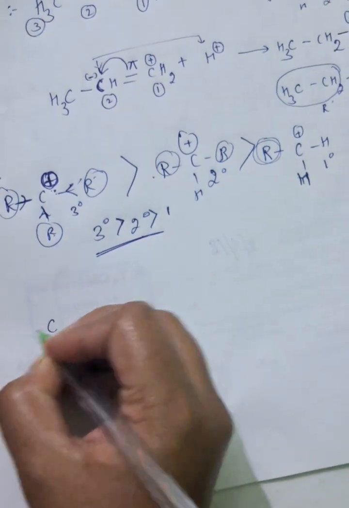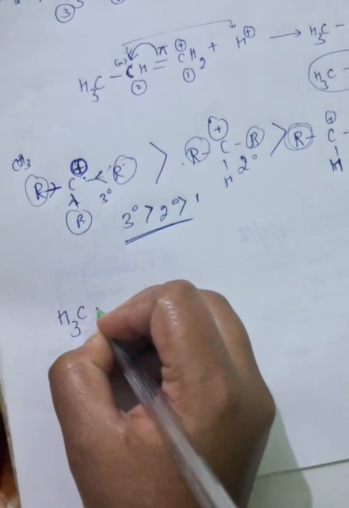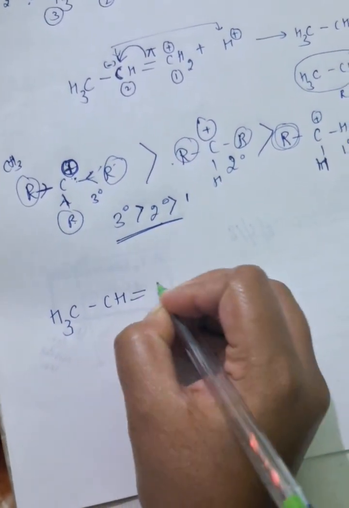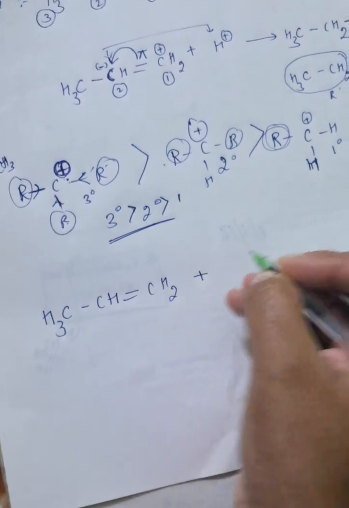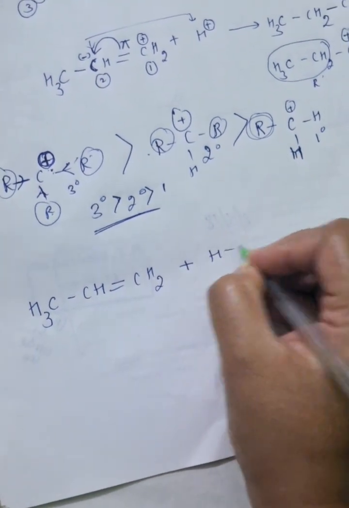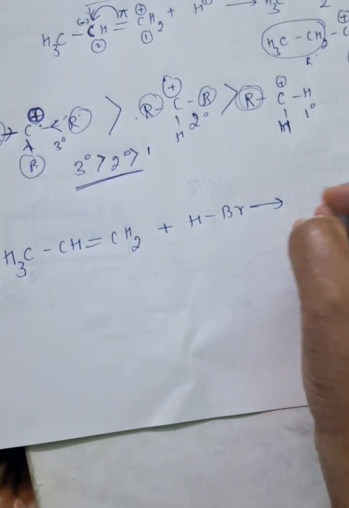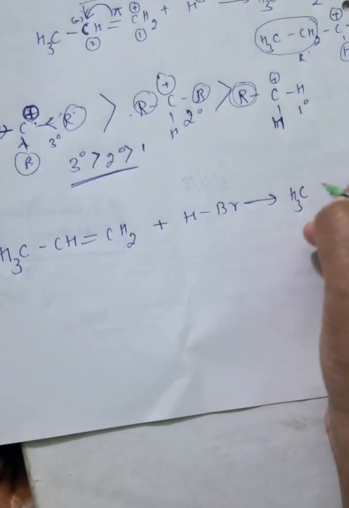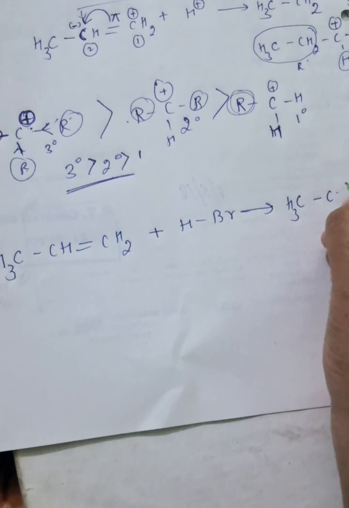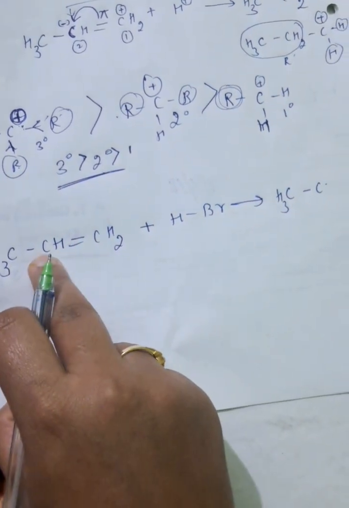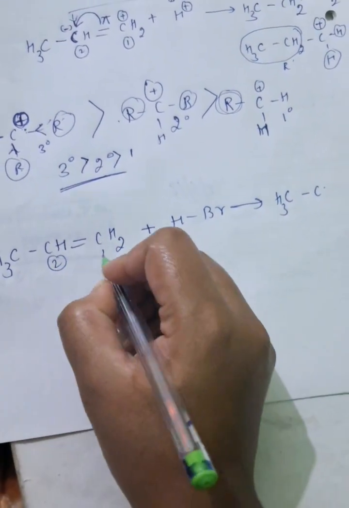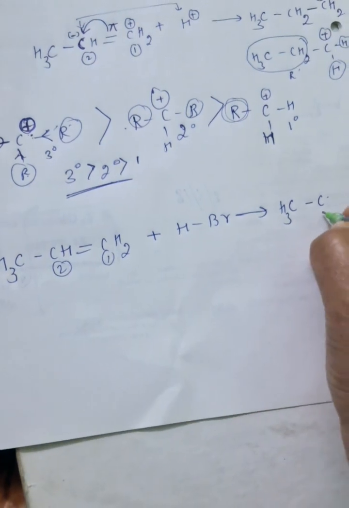So I will write down the reaction again. CH3, CH, double bond CH2 plus hydrogen bromide. So what is your expected major product? Your major product will be CH3, CH, and here the second carbon atom is where the nucleophile will come and approach.